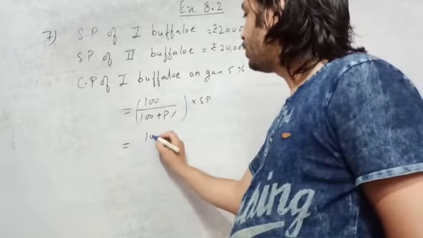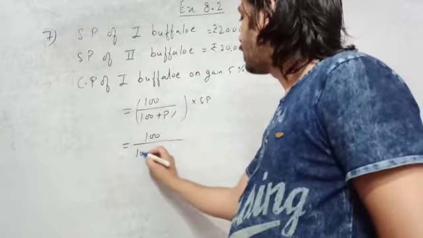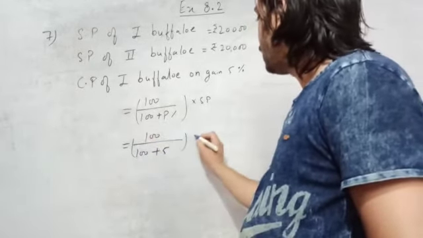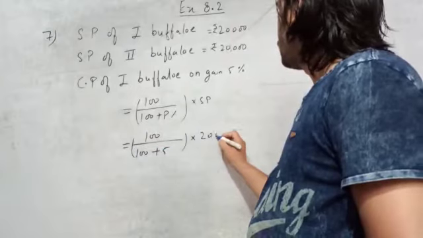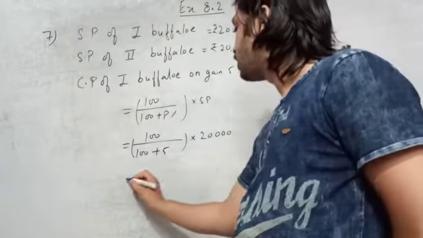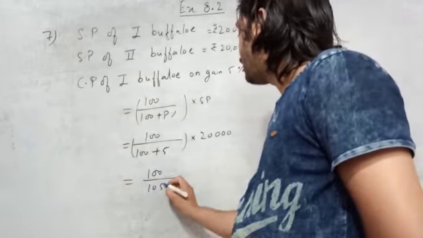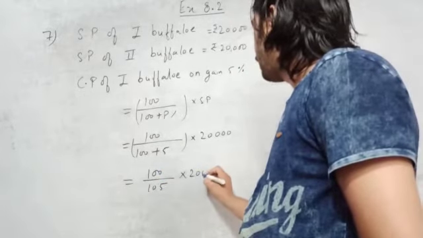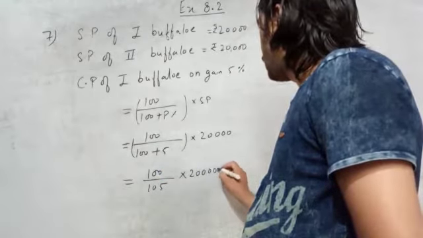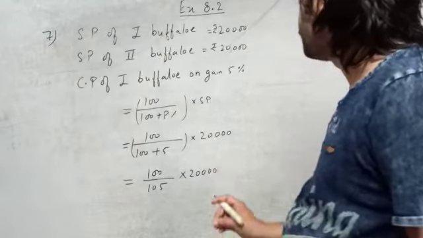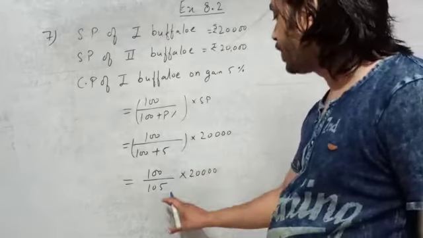Here you put the value: 100 upon 100 plus 5 into 20,000. So it will come 100 upon 105 into 20,000.